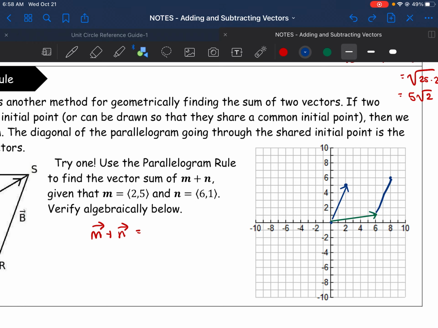Let's get shape recognition on. And then same deal, I can take vector n, which had a horizontal component of 6 and a vertical component of 1. Do the same thing here. Horizontal over 6, up 1.